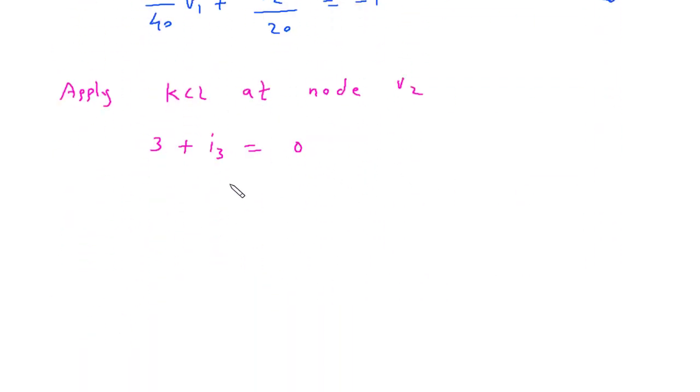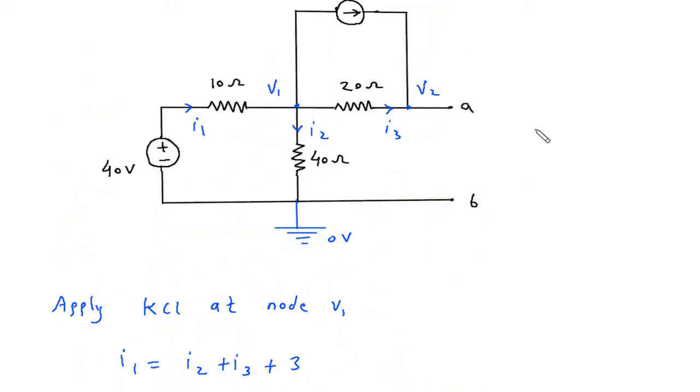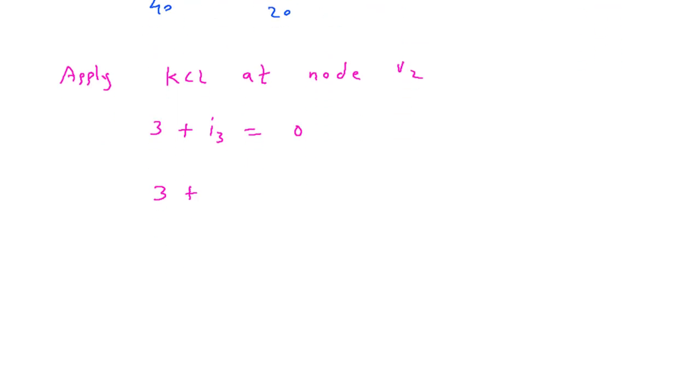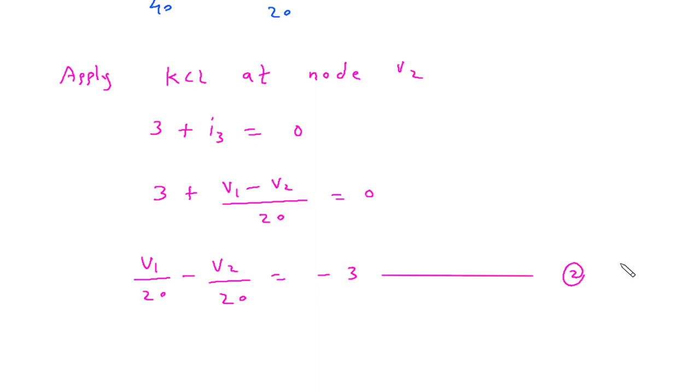So 3 plus I3 is V1 minus V2 by 20, equal to 0. So this will be V1 by 20 minus V2 by 20 is equal to minus 3. Let's say this is equation number 2.